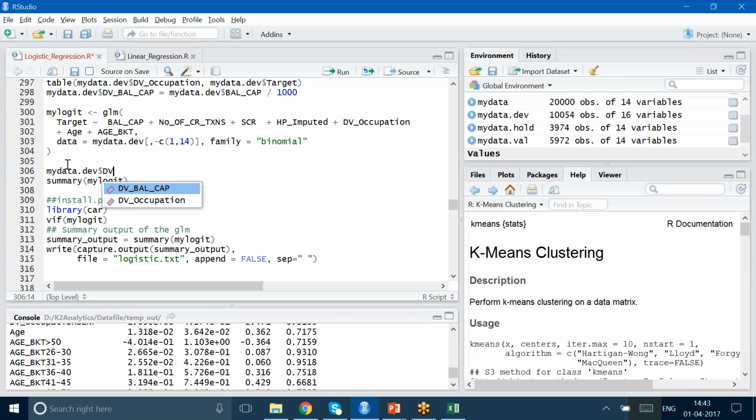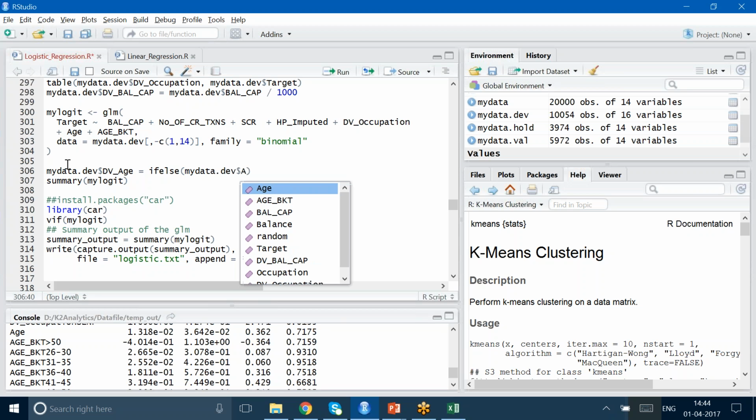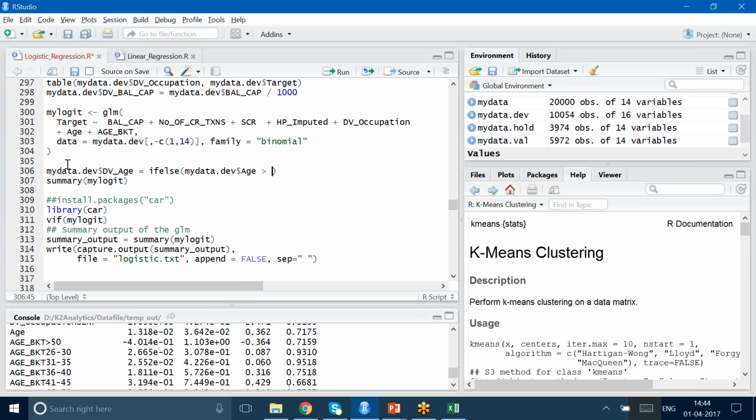Transformation, model development, and visualization keep happening parallelly when you're building a model. So now I'll create a derived variable of age. I know the logic that after 43, I have to make it a mirror image. So this equation will be if else, my data dot dev dollar age greater than 43.